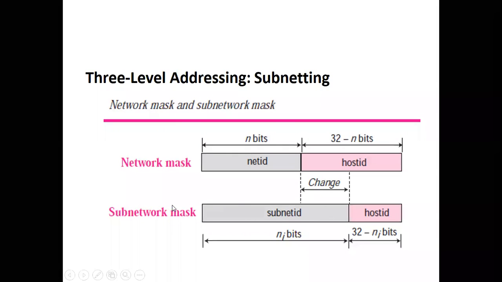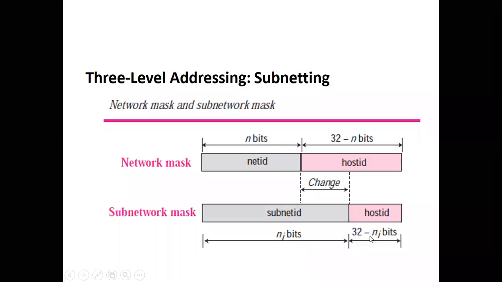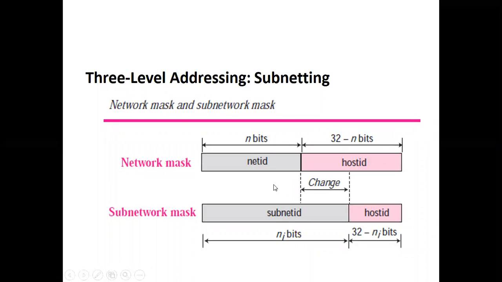This concept is called subnetting. So this will be n1, and then 32 minus n1 will be the number of bits for the host ID. Subnetting means dividing one network into multiple networks.